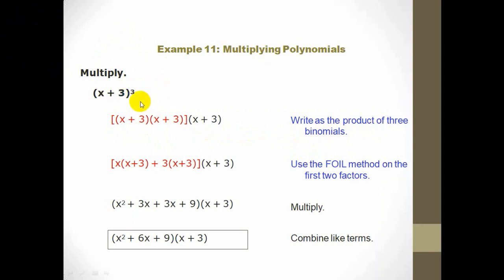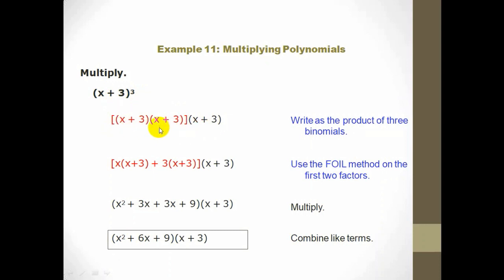But here I want to tell you about the process of multiplication, how to multiply polynomials. So x plus 3 whole cube, how to multiply x plus 3 whole cube. First of all, write the product of three binomials, x plus 3 into x plus 3 into x plus 3.